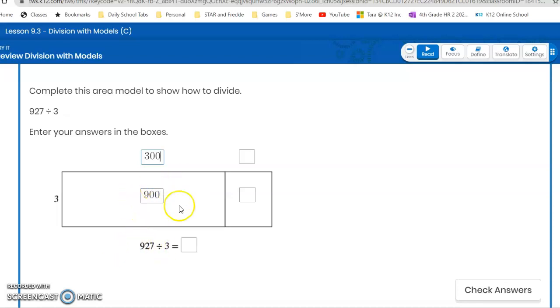So we have to make sure that 900 and this number are equal to the same. 900 plus 27 equals 927. Now I need to know 3 times what number equals 27? 3 times 9. 300 plus 9 for our final answer.